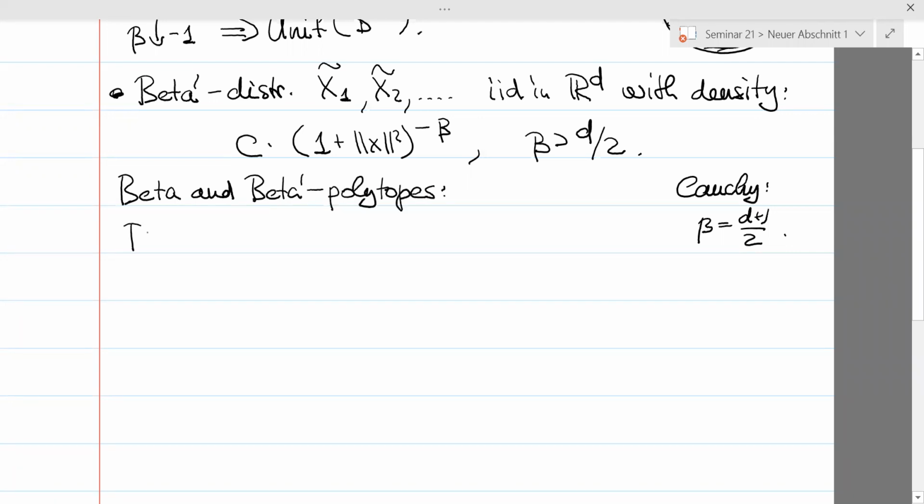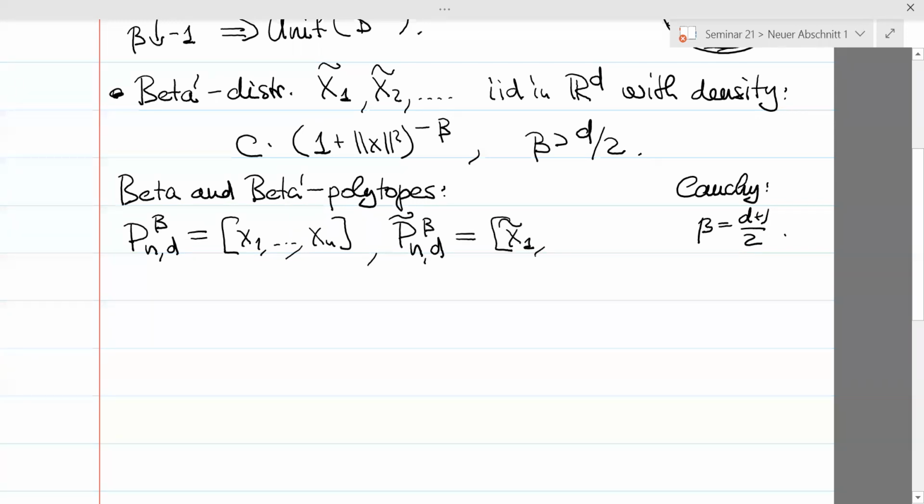They are defined as convex hulls of points from these distributions. So the beta polytope P_{n,d}^beta is just the convex hull of x1, ..., xn, and similarly, the beta prime polytope P tilde_{n,d}^beta is the convex hull of these beta prime distributed points.